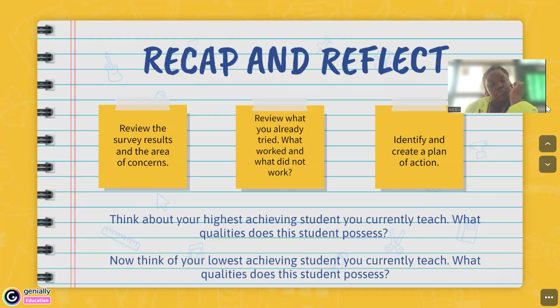So we're going to talk about the survey results and your area of concern. Based on your survey results that you did with the Google form, you said that your main concern was to differentiate instruction for all your students, not just the high students, the low students, the students who would be in that little bubble area. You talked about how you used different technology outcomes.